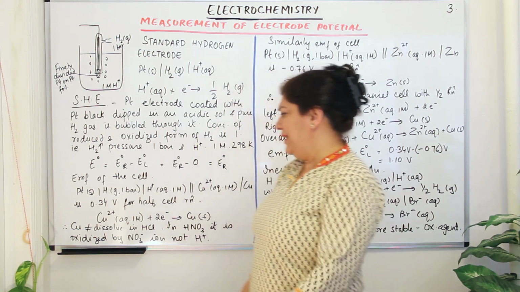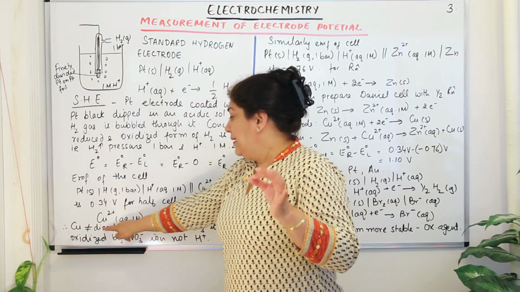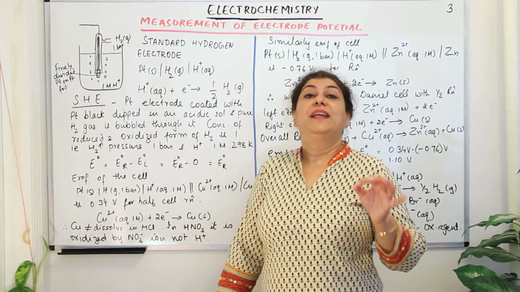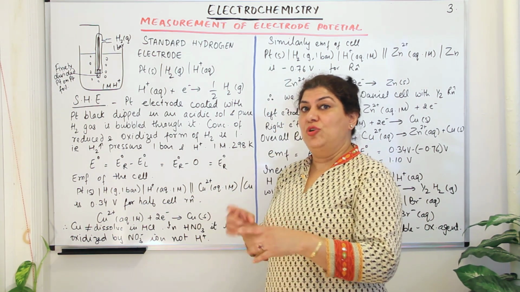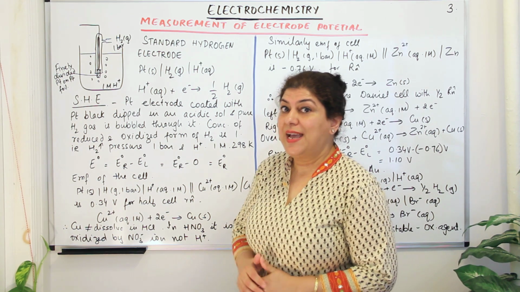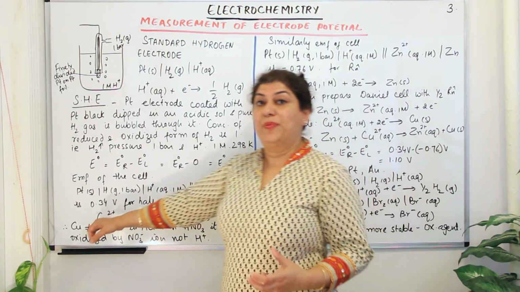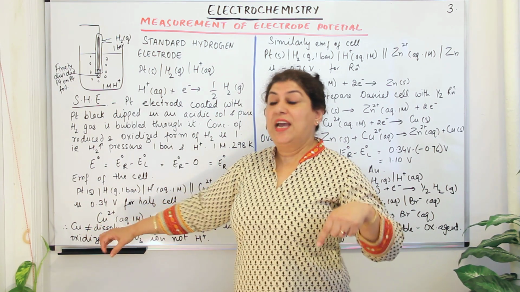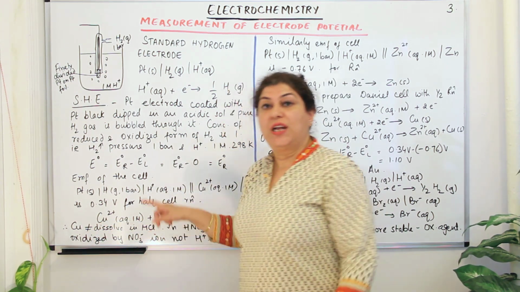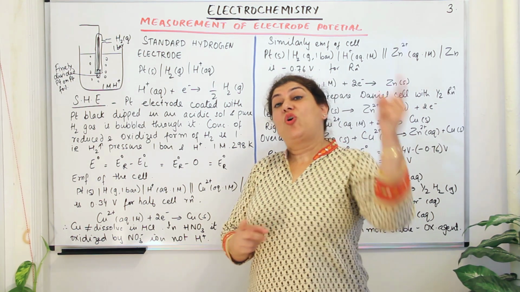What does this signify? That copper does not dissolve in an acidic solution. Why? Because in an acidic solution, H positive ions are present and the tendency of copper is to stay reduced and not oxidized. In order to displace hydrogen ions, copper will have to get oxidized.